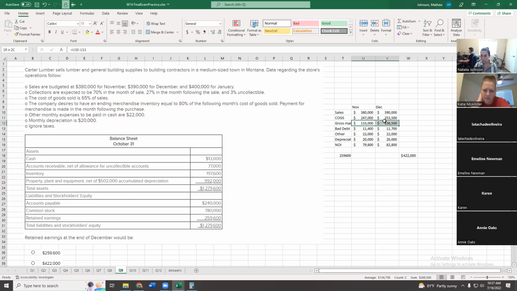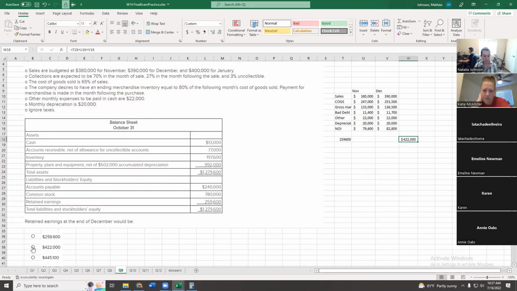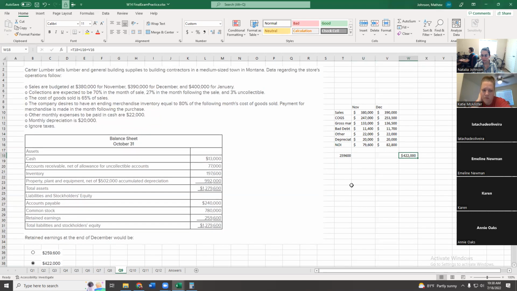It's the gross margin minus these three expenses. Okay. So this is the answer, 422,000. Because you just add the net operating income. You will subtract dividends too, but they don't say anything about dividends, so that's it.